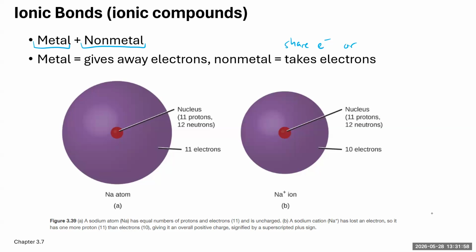So sodium is a metal, so it gives away an electron. It starts with 11 as a neutral atom, so then it becomes 10 electrons, right? Sodium doesn't mind giving up electrons, so it gives away that one electron only, so that it has eight electrons in the valence shell, or a full valence shell.